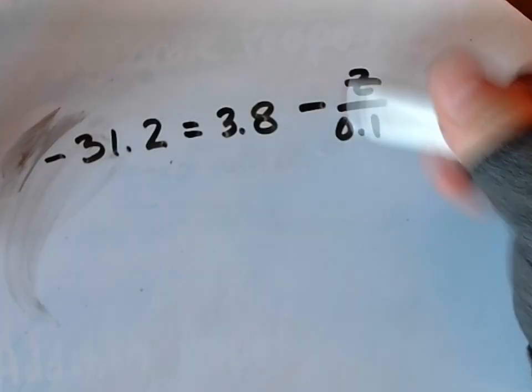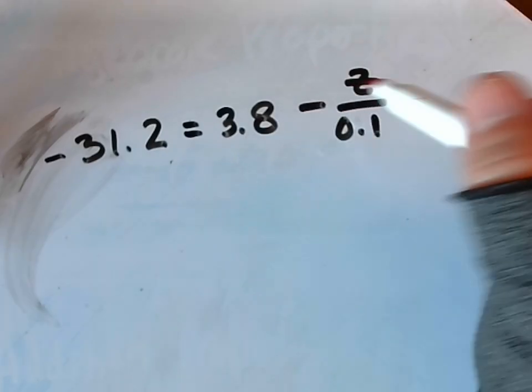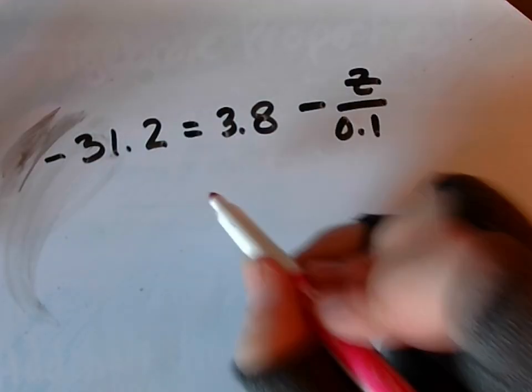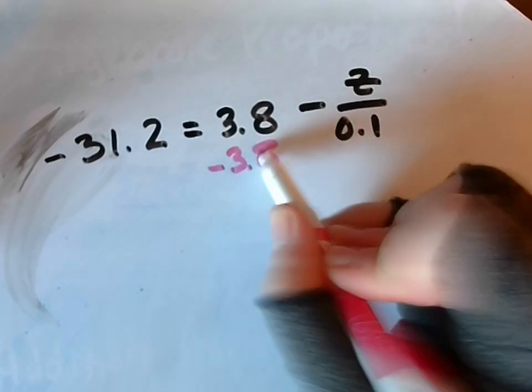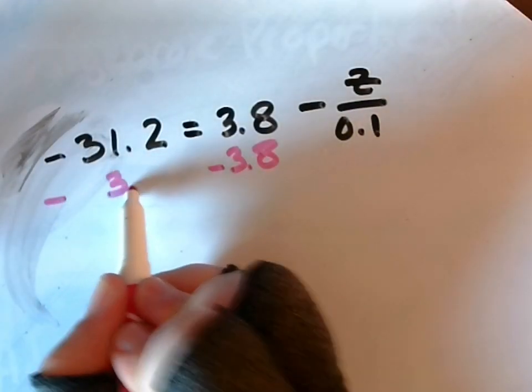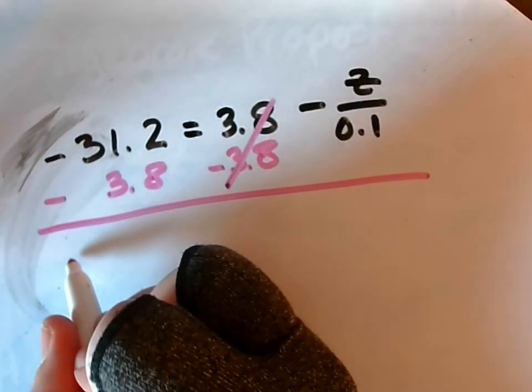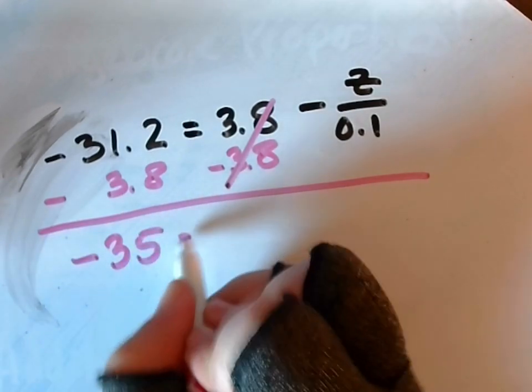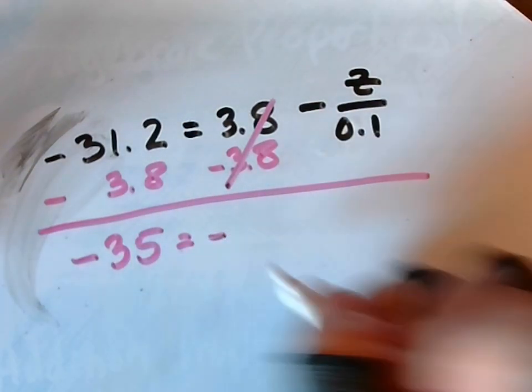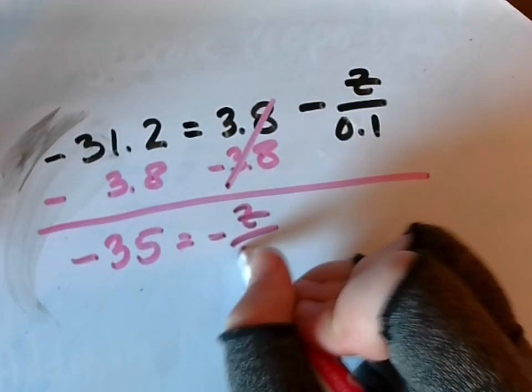Z has division happening to it. It also has this guy hanging out, so that's going to be our first thing to deal with. First, we need to subtract that 3.8 from both sides. So that cancels there, and we should get negative 35 equals negative z over 0.1.